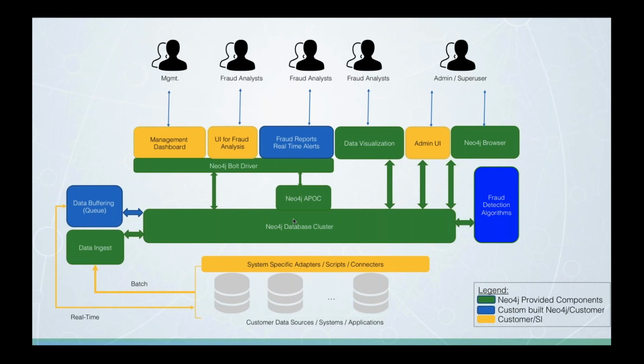Applications on top, designed for fraud analysts or managers with dashboards, could access the database via the Bolt driver, making it easy to leverage the value of the Neo4j graph database cluster functionality and scaling the workload.